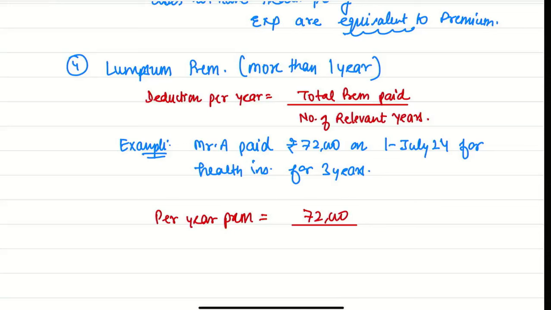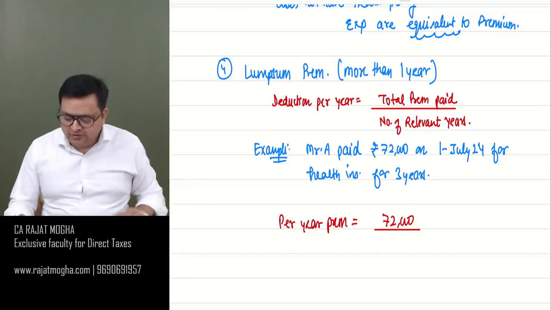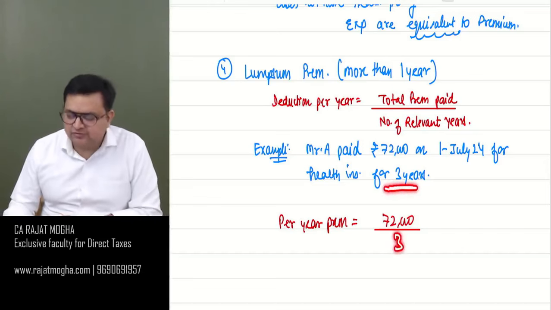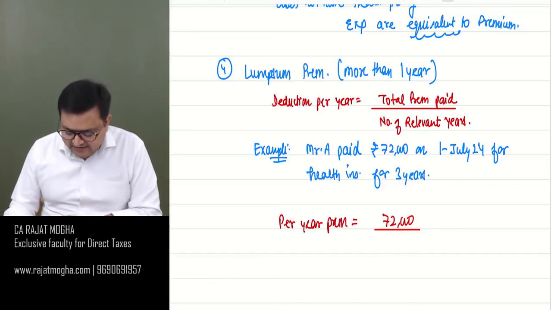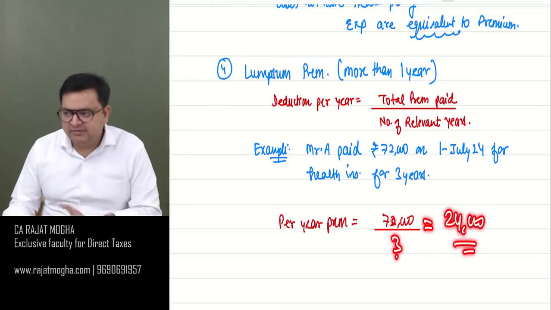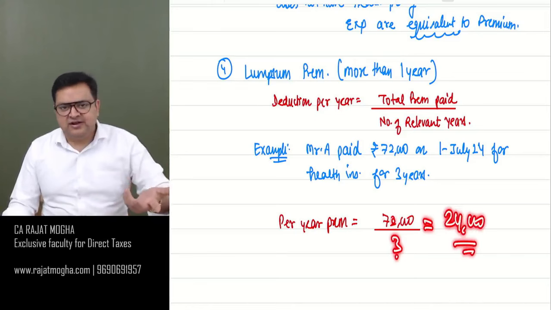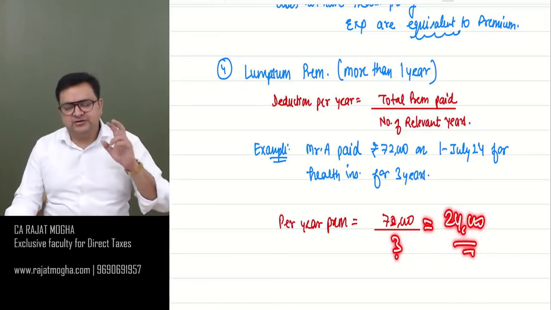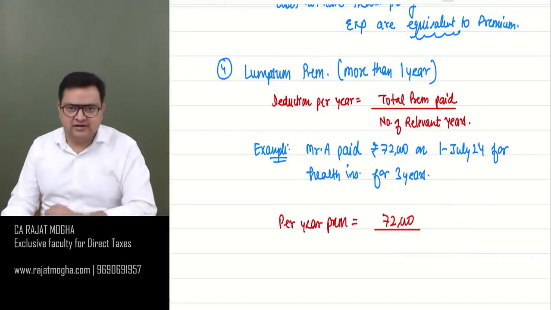Now students will make a mistake over here. What they do is they divide it by 3, because we have taken this health insurance for 3 years. So 72,000 divided by 3, 24,000 is the per year premium. Maximum 25,000 is allowed for, let's say, myself, so 24,000 is allowed. Correct. This is the mistake which most of the students make.